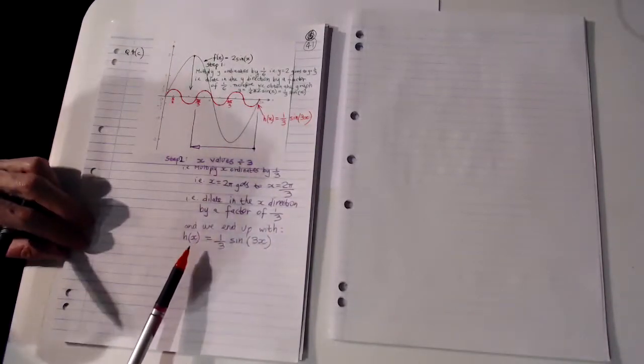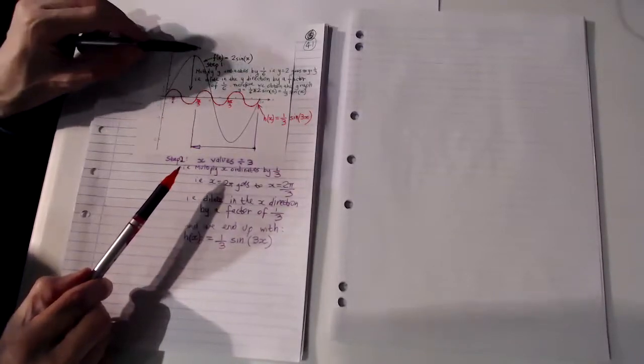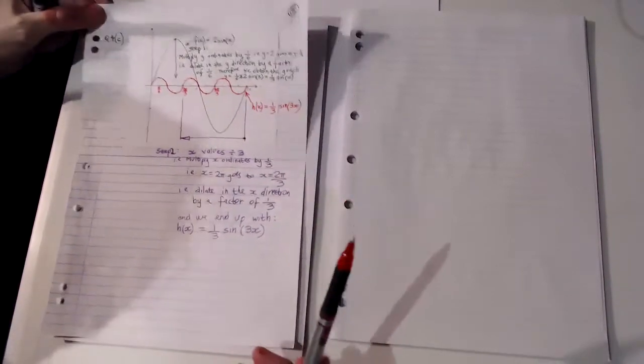And as a result, we end up with h(x) equals 1/3 sine 3x. So they are the two changes that you got to do to go from the graph of f to the graph of h, as requested by the question.